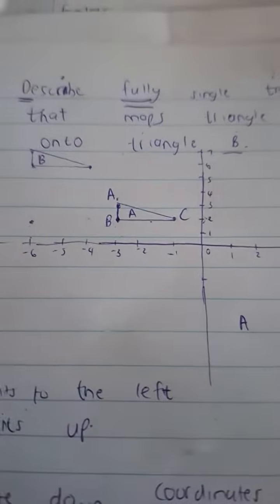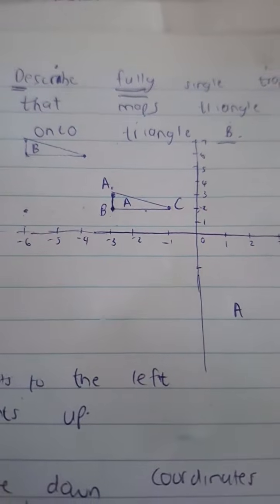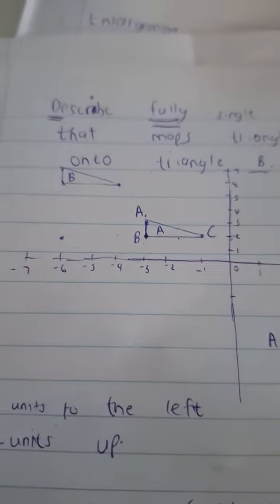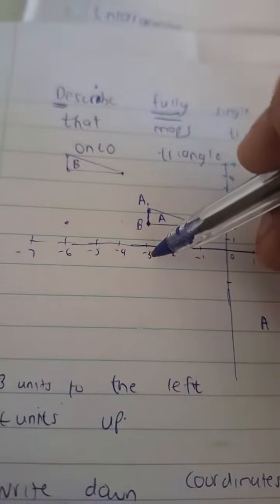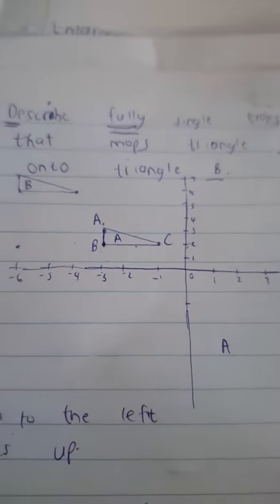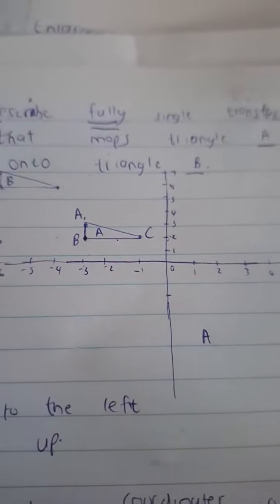Then B. What are the coordinates of B? There's B, guys. What are the coordinates of B? Because it's very important to know how to identify coordinates. It's a skill we need to have, and we need to have it very well.